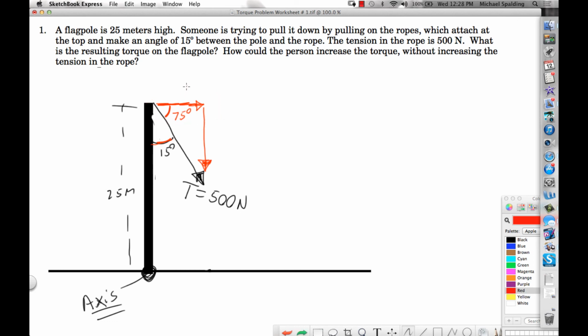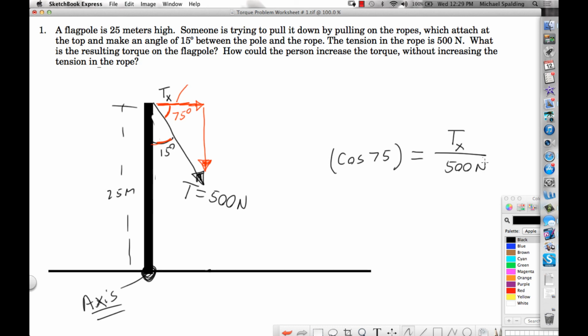Can we solve for this guy right here? Yep, using trig. So we go cosine, so let's look at cosine. Cosine of 75. So now what's the definition of cosine? That's the adjacent over hypotenuse. So the adjacent is what we're looking for. Not R, it's not the lever arm. Let's call it Tx, the x component of T. So Tx over the hypotenuse.